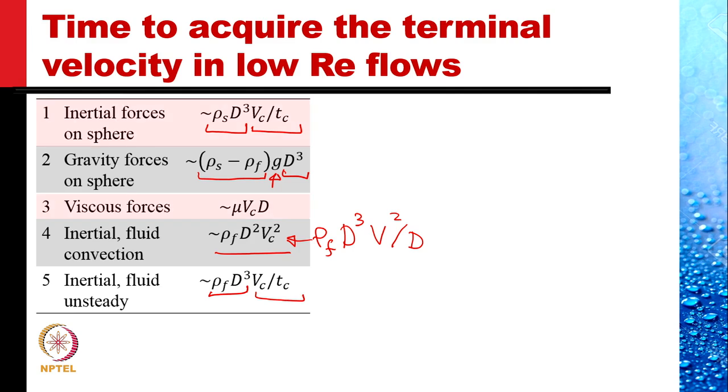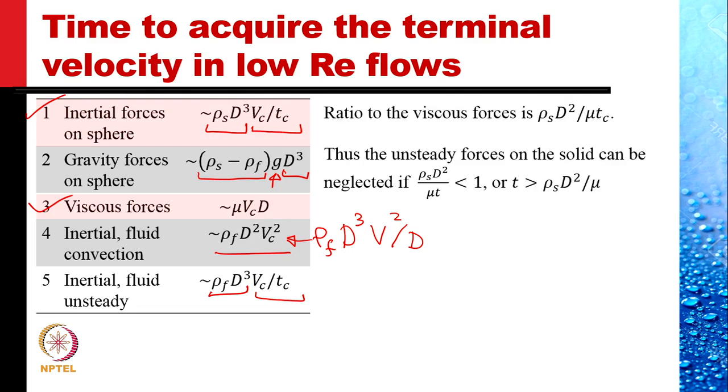We take two forces, this and this, and from this we construct the ratio of the inertial force of the sphere to the viscous force as rho s d square divided by mu Tc. Thus, the unsteady forces on the solid can be neglected if rho s d square divided by mu Tc is less than 1, or for times greater than rho s d square over mu.